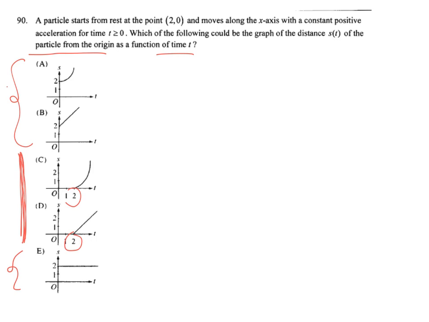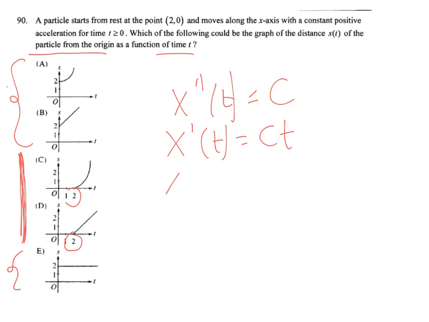So we could say x double prime of t is equal to some constant. That tells us that the velocity, which is the first derivative, is going to be linear, and there could be some other constant C2. And it tells me that the position is going to be a quadratic plus C2t plus C3.